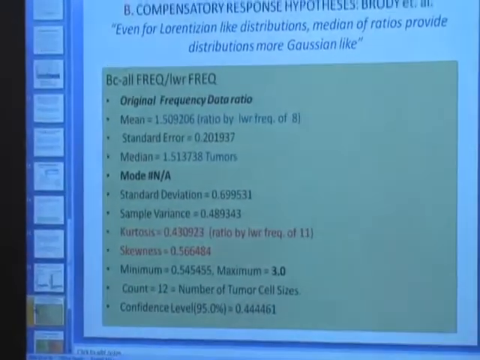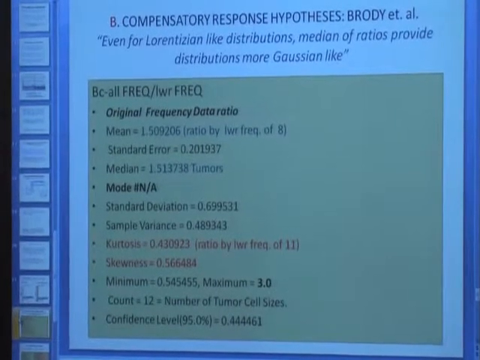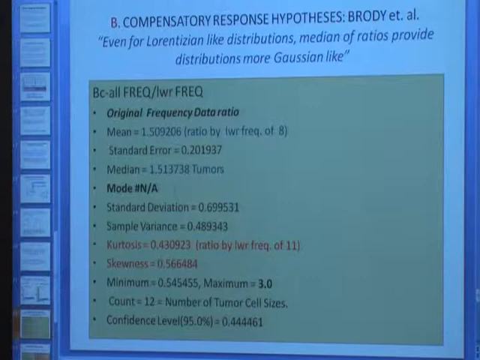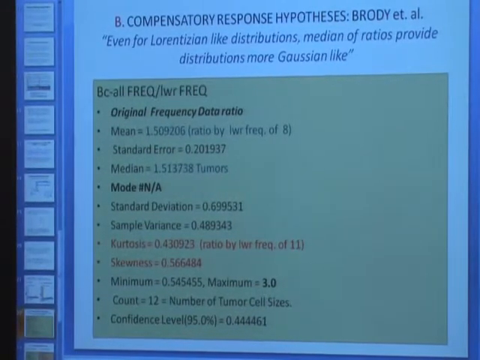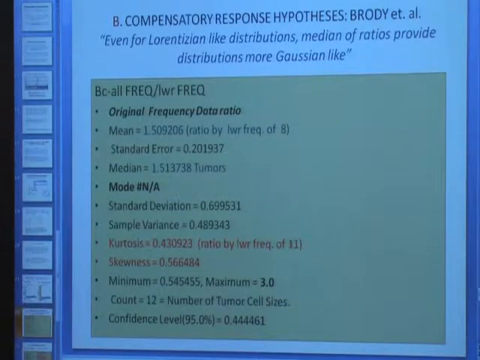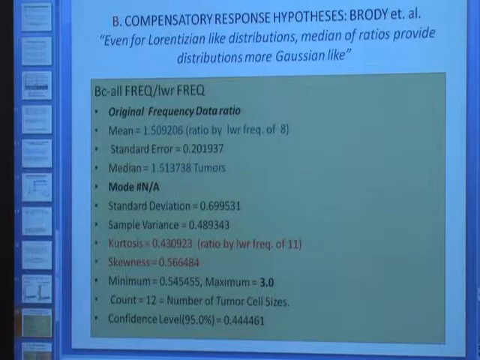At one time, what I saw was that one of the frequencies of LWR for a certain cell size is 8, and the ratio there was between mean and the median. Another frequency for a cell type, cancer cell type, was 11, and the ratio there was between these two.